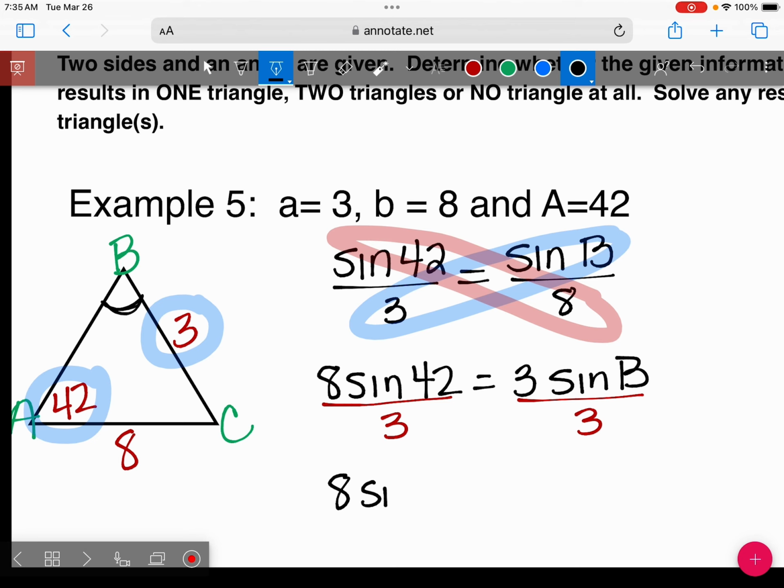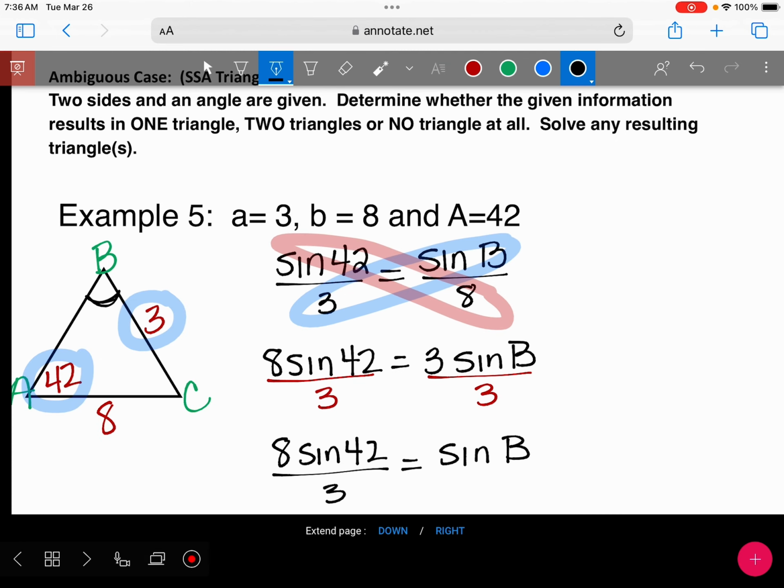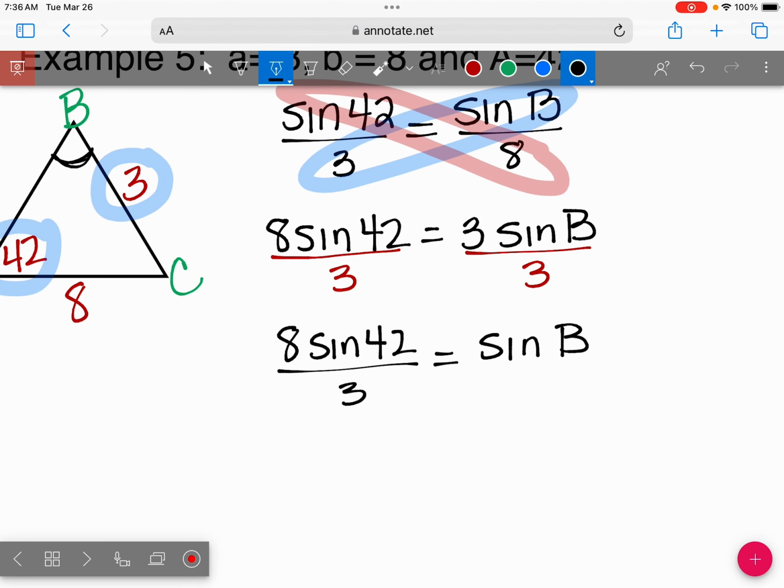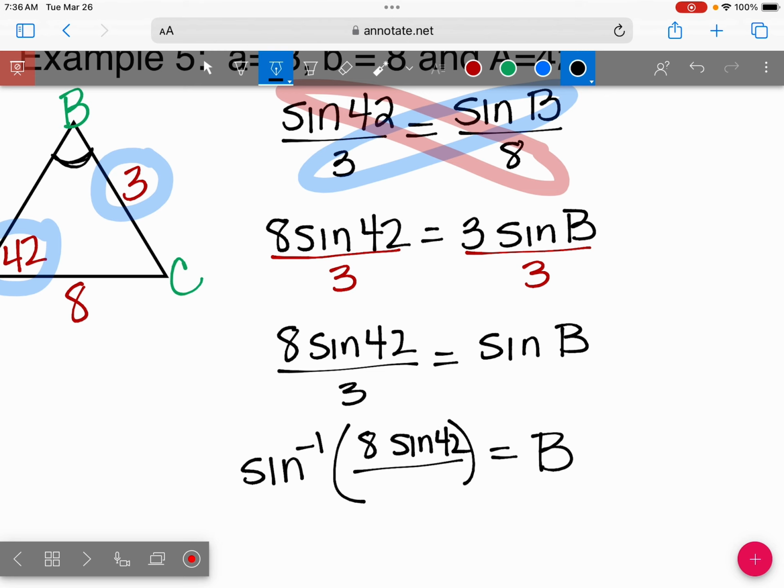So I have 8 sine 42 over 3 equals the sine of B. And then lastly, I have to do the inverse. So I'm going to take the inverse sine of both sides. So this is what you have to put in your calculator.